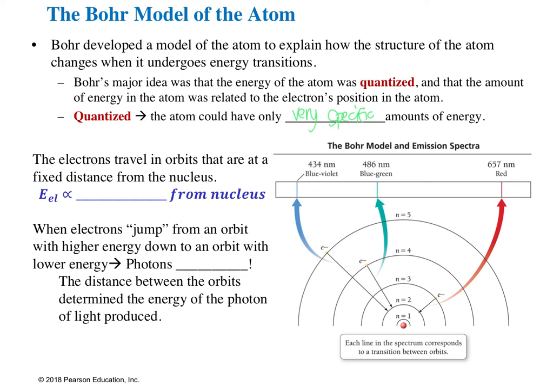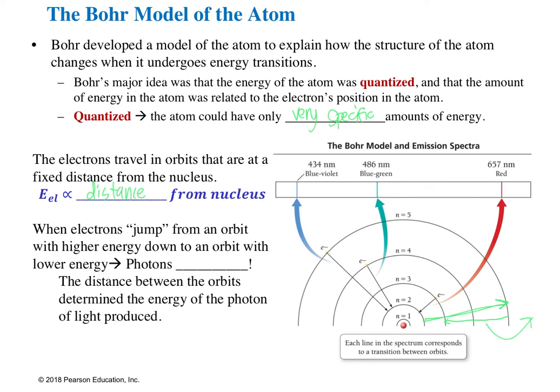The energy of every electron is proportional to the distance from the nucleus. So the further out you go, the higher energy that electron has. And when we add energy in, so I'm going to add energy up to this level. Now it's excited. When that electron falls back down, is relaxed, a photon gets released.